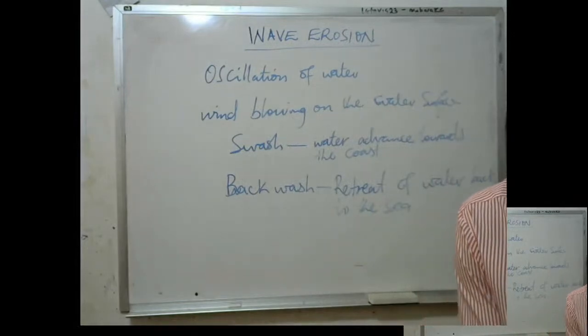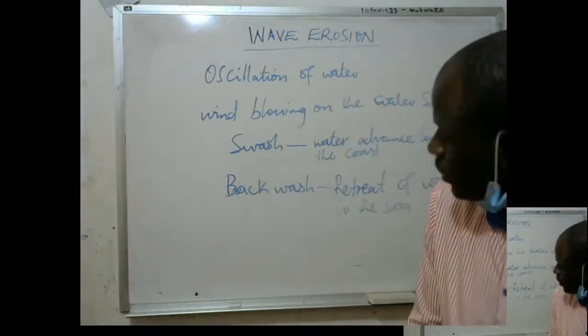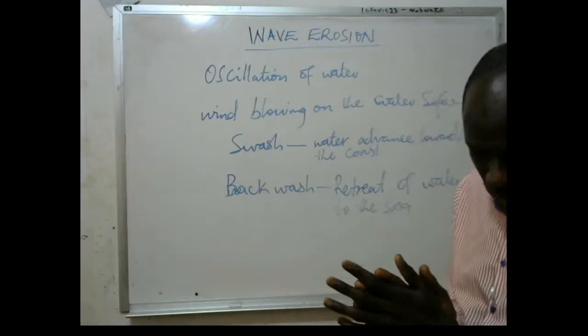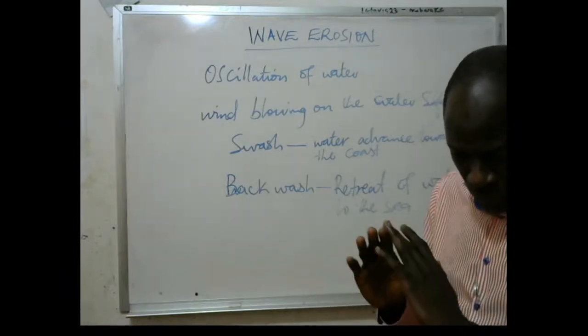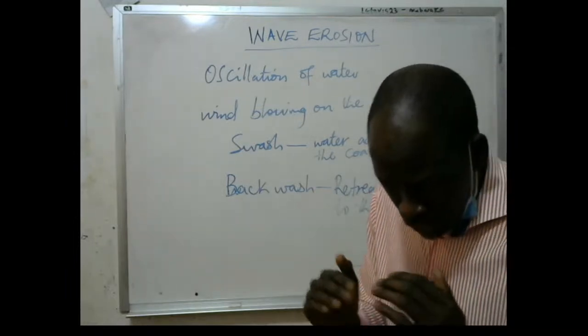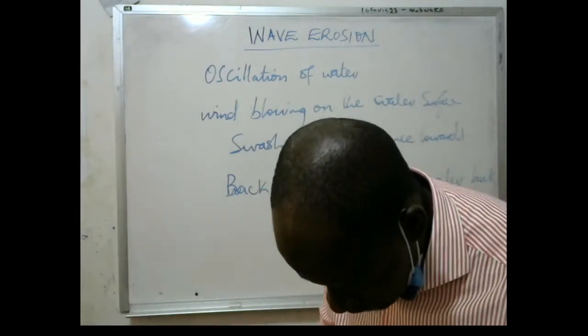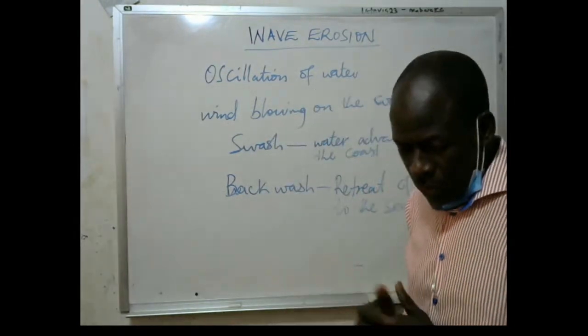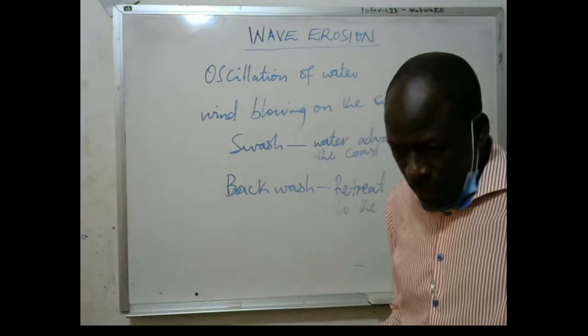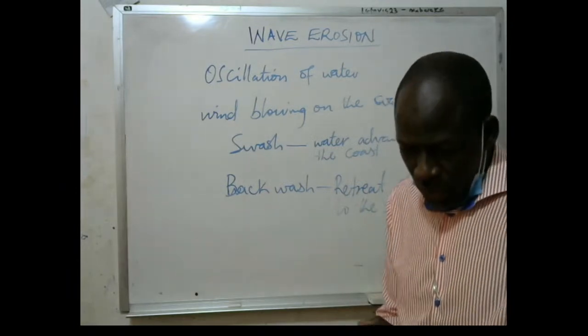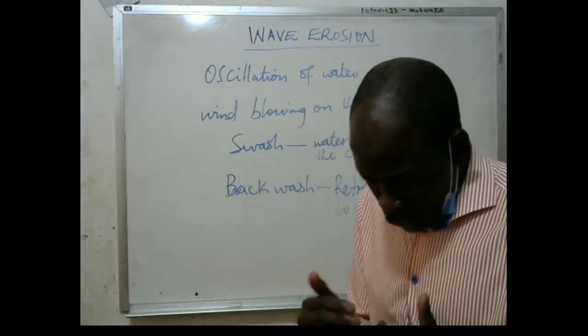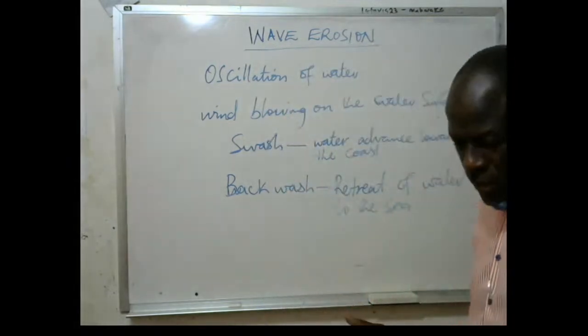You should know where to write the notes for coastal landforms. Regardless of which topic you're covering, this is a new topic that brings us all to the same level or same footing. So just create space for the topic you are handling, then start a new topic, which is coastal landforms.